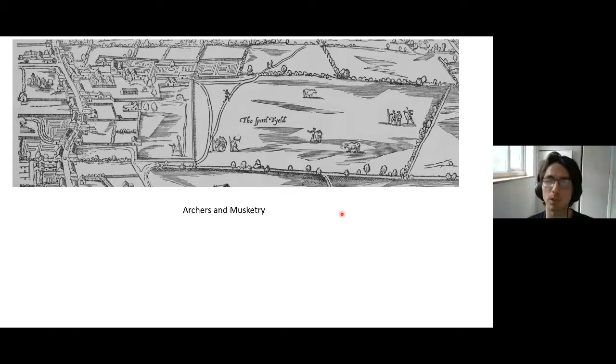And this is important because it shows us what's being included isn't entirely accidental. This map is not designed simply to record London. It's also designed to present London in a certain way, as a thriving merchant city. And with our archers and with our muskets, it's showing a militarily powerful city as well.